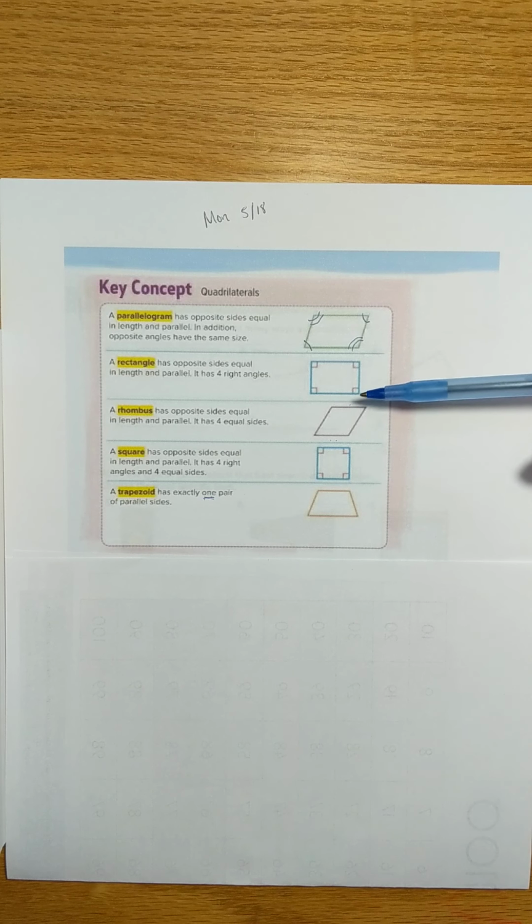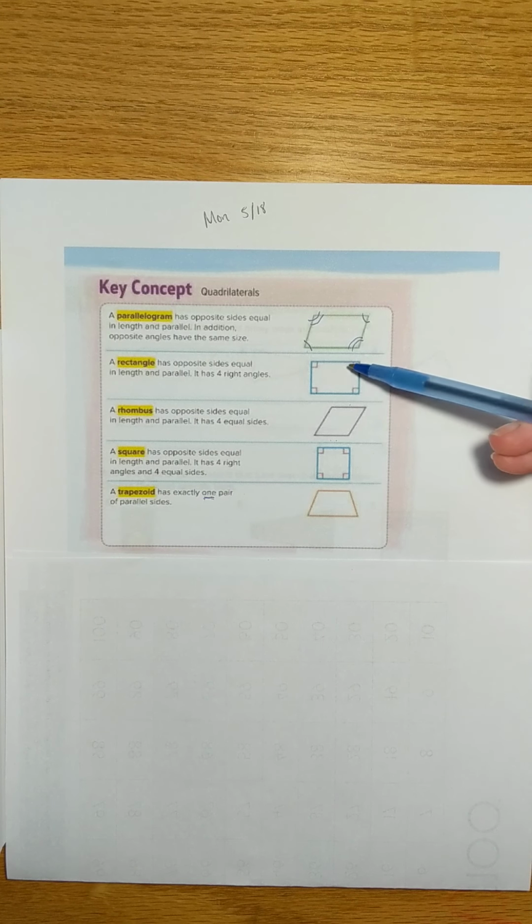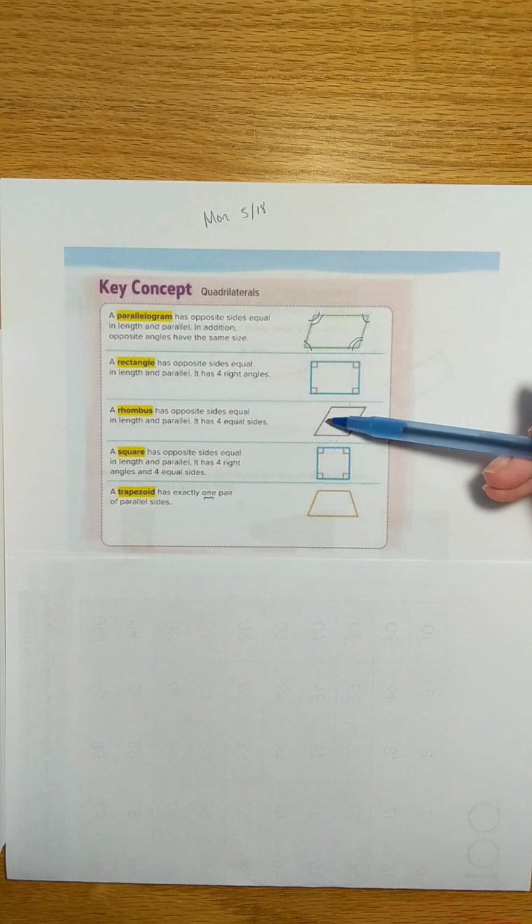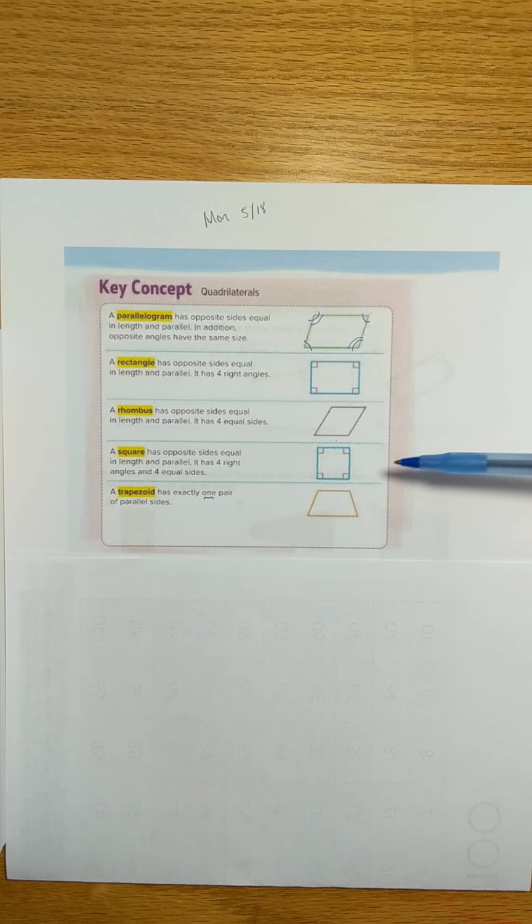The next one is a rectangle. A rectangle has opposite sides, equal in length, and parallel, again, and it has 4 right angles. The next one is a rhombus. It has opposite sides, equal in length and parallel, just like the other ones, and it has 4 equal sides, so all 4 sides are the same length.